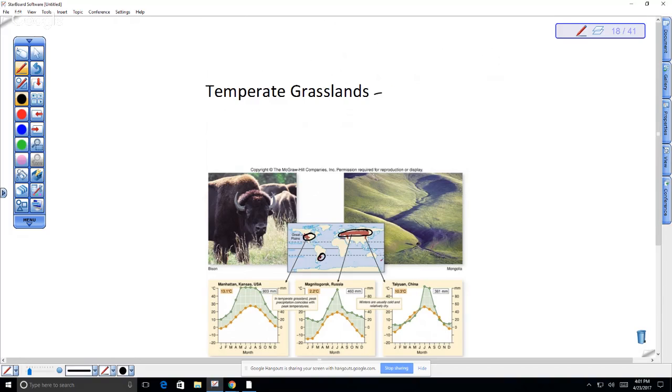If you look at this distribution, you can see that it tends to have hot summers and cold winters. An example is the Great Plains of North America.